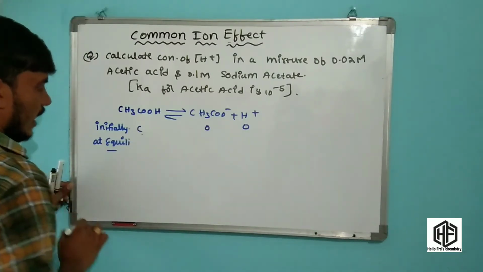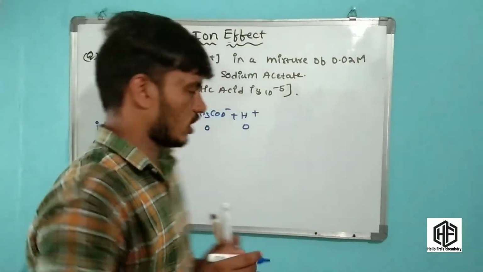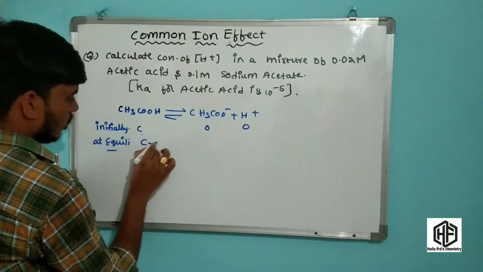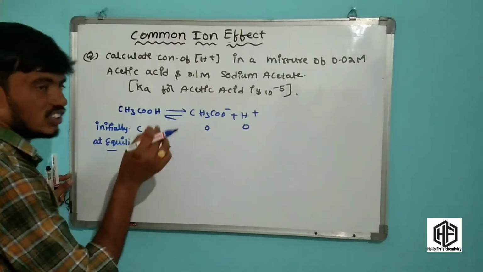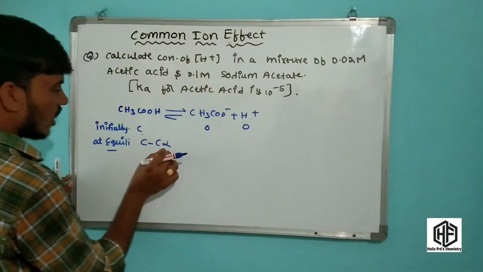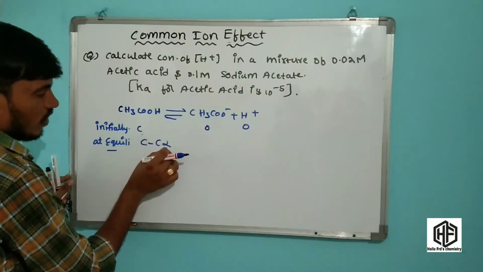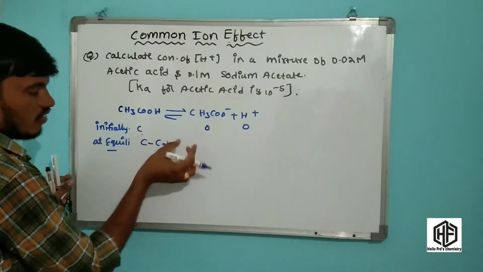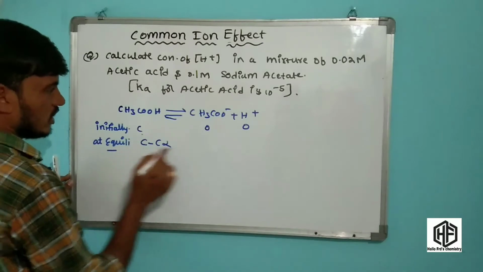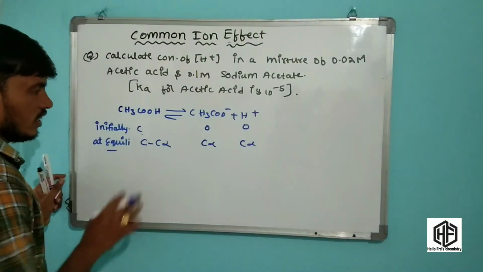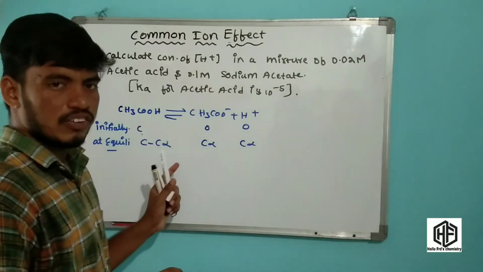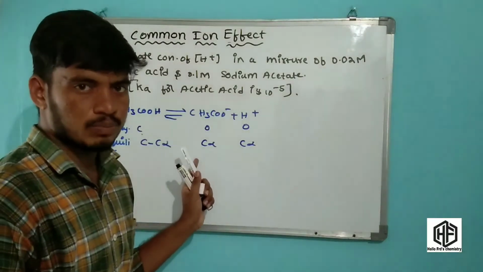This is C minus C alpha, because alpha is the degree of dissociation of the weak electrolyte. C alpha moles are dissociated. Now C minus C alpha, C alpha, and C alpha are present there. You already know this from my previous class, where this topic was explained briefly.